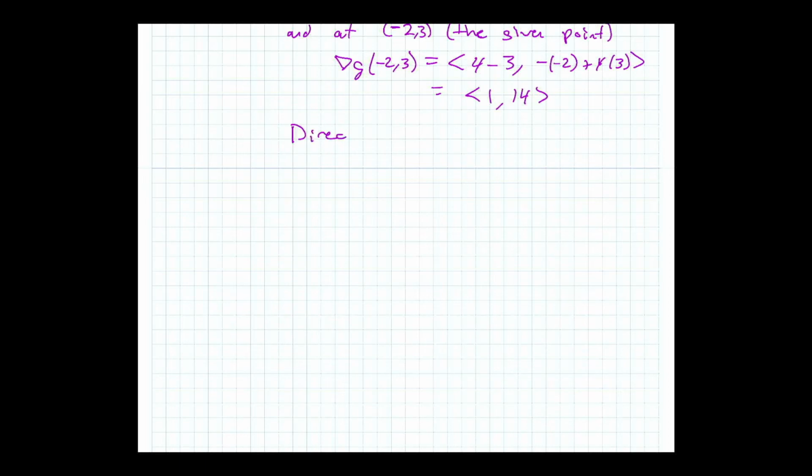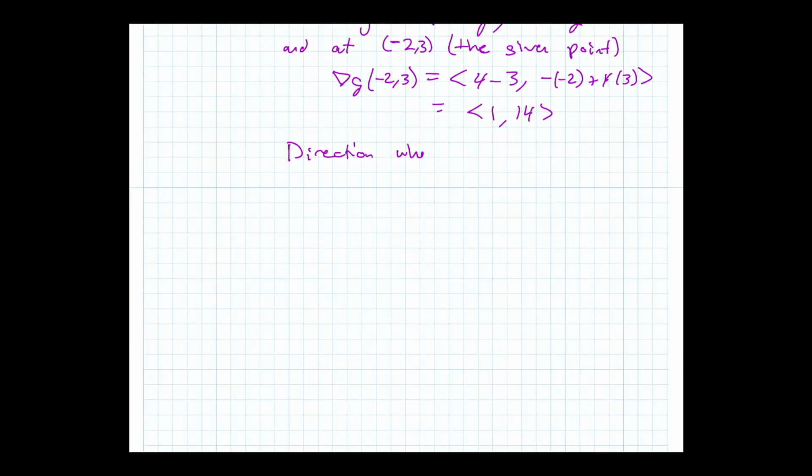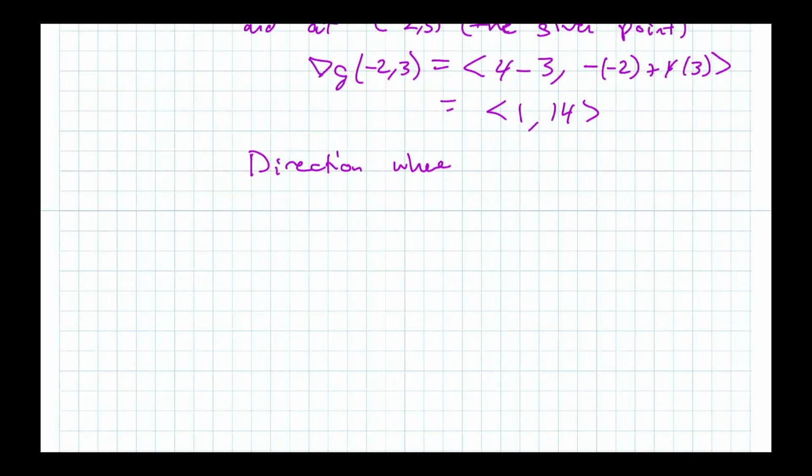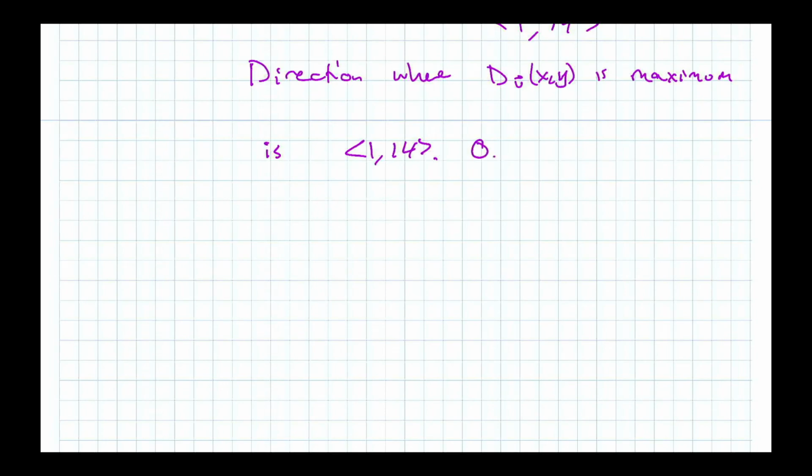The direction where g increases most, or fastest, I'm just saying where the directional derivative is maximum, is 1 comma 14. But they probably want a unit vector.